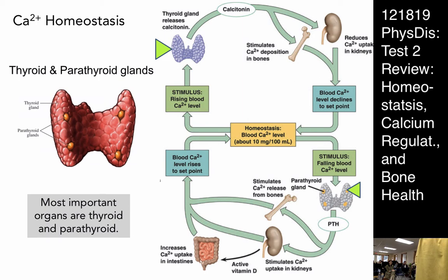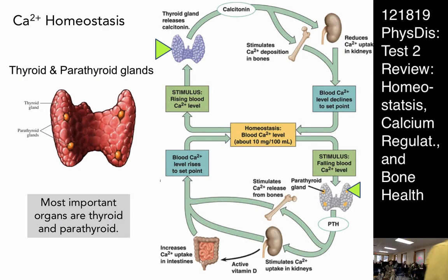And at the kidney, it also activates vitamin D. Vitamin D is not active until it's activated by the kidney under the direction of parathyroid. We had a slide about that. So then it's vitamin D that has its effect at the gut and allows you to absorb more of the calcium.